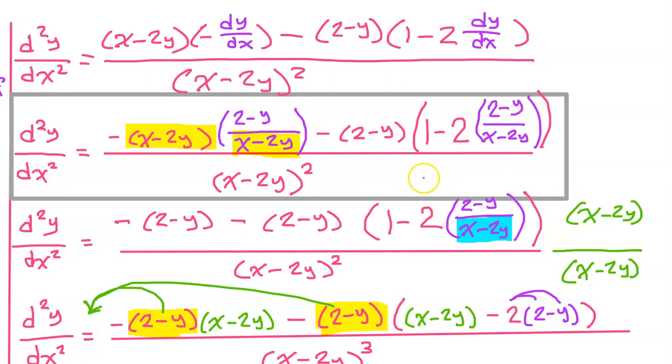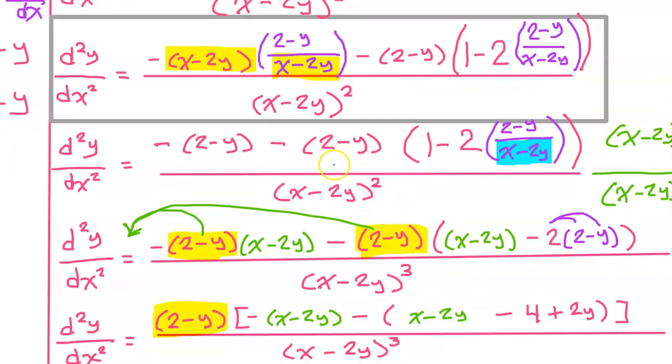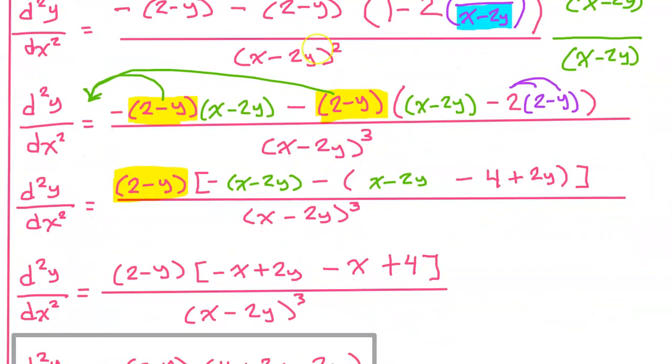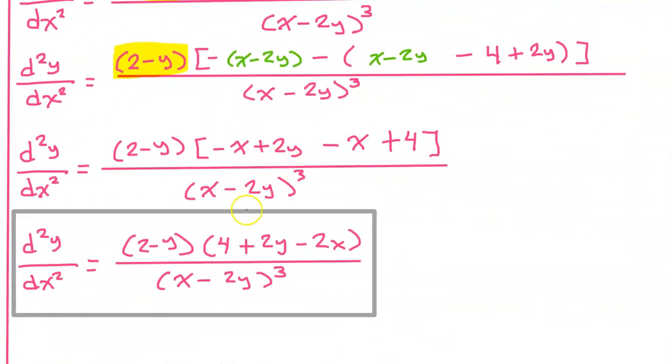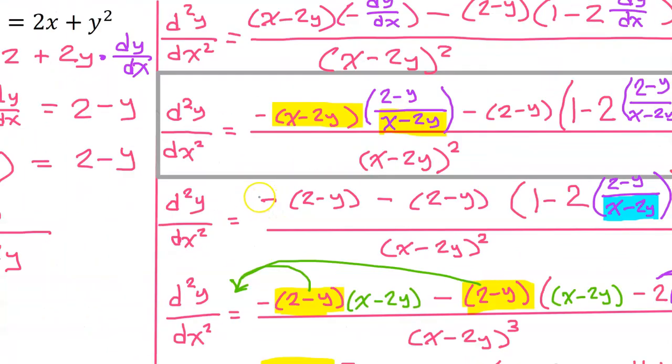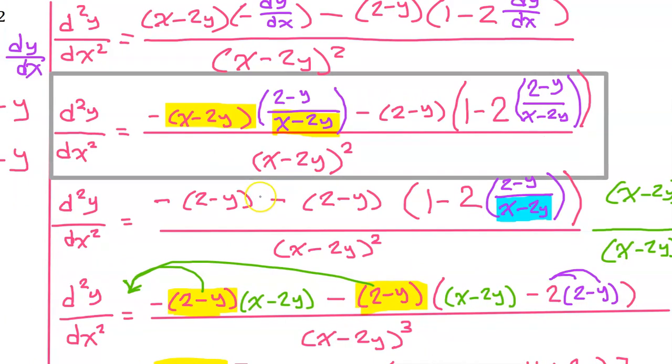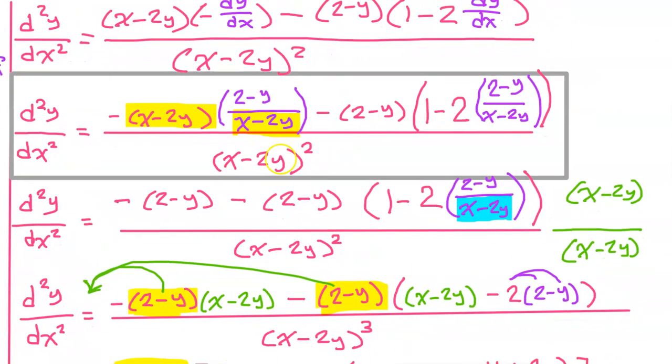In fact, I would actually recommend that you stop right here. Because if this is correct, but yet you made a mistake in all of this crazy algebra, you would lose the point. So it's safer actually just to stop unless you need to keep going.